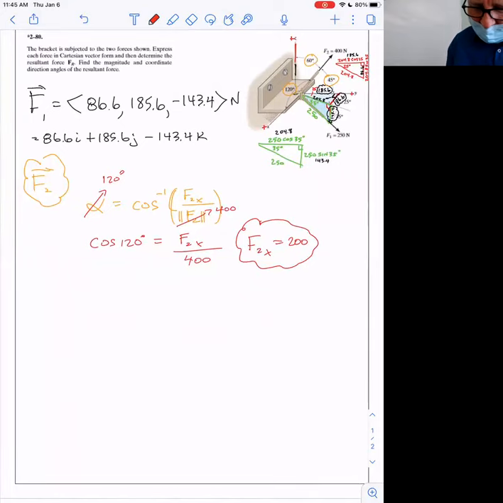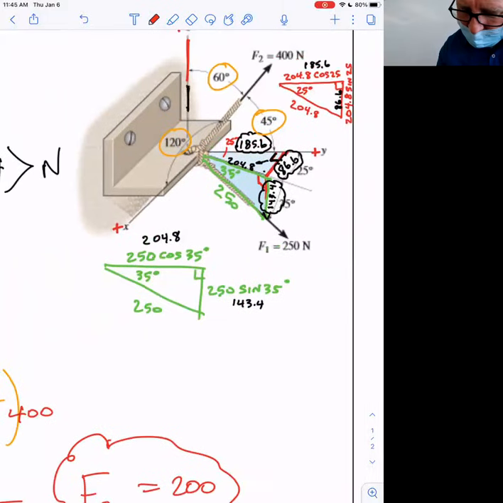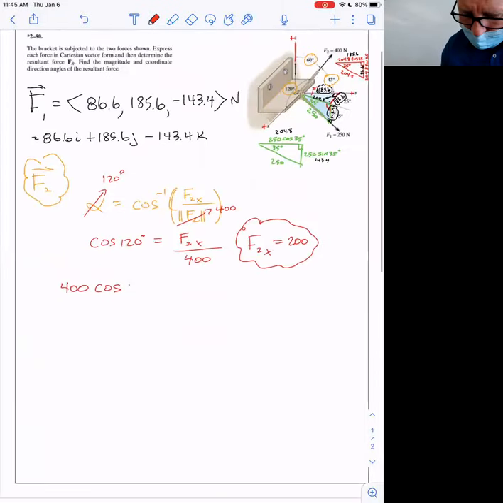So there's the x. If I follow that logic, then I take 400 times the cosine of, let's see, what's y? Y was 45 degrees. Also notice the subscript thing. You can write this however you want, but there was a force 1 and a force 2, but then there's also an x, so I have 2 subscripts for this.